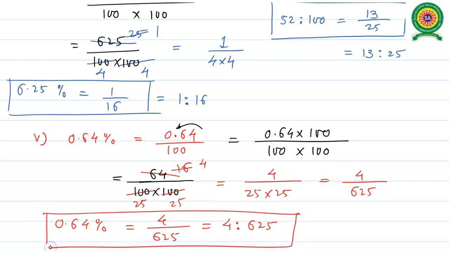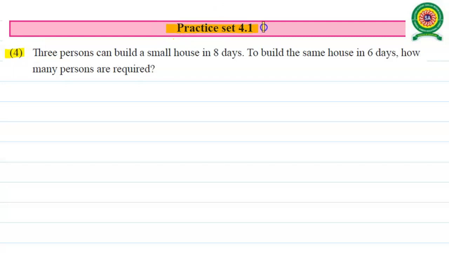Now look at question number 4, practice set 4.1. We have a word problem of the form: 3 persons can build a small house in 8 days. To build the same house in 6 days, how many persons are required? Now be focused, we have been given the persons and the number of days to complete the given work, to build a small house.